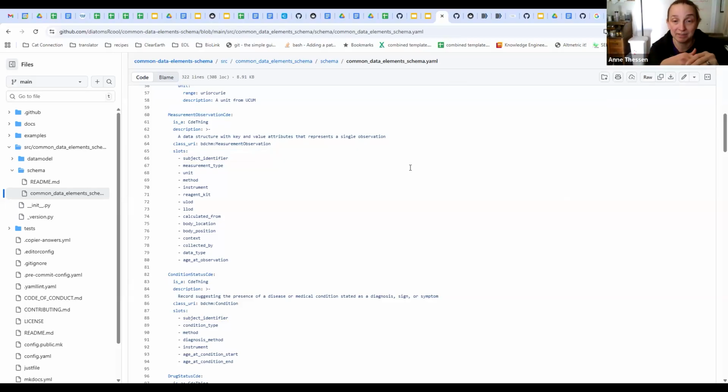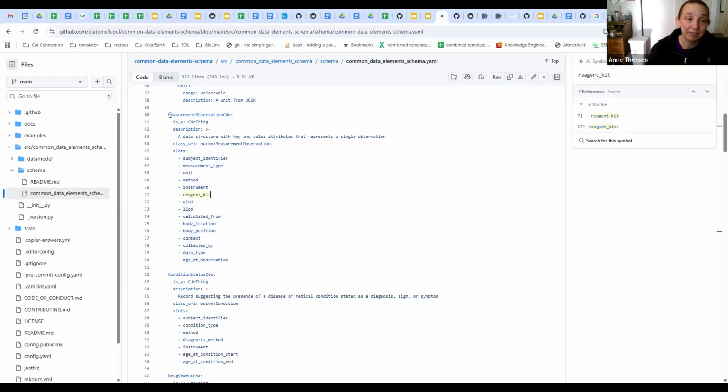So this could be an observation of a blood pressure, a height or a weight, or some sort of measurement from a blood assay, or a urine assay, or something like that. And so every time you take one of these measurements, these are all the things that you need to include with it so that it makes sense and it's reusable and you have all the information that you need.